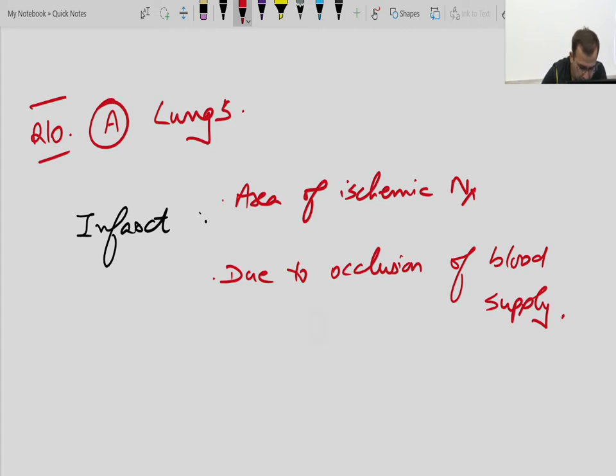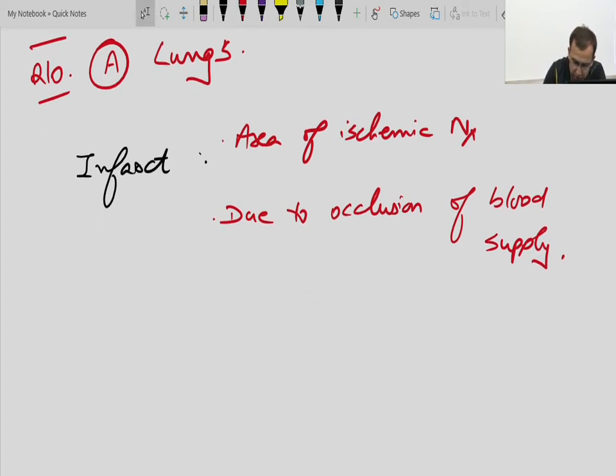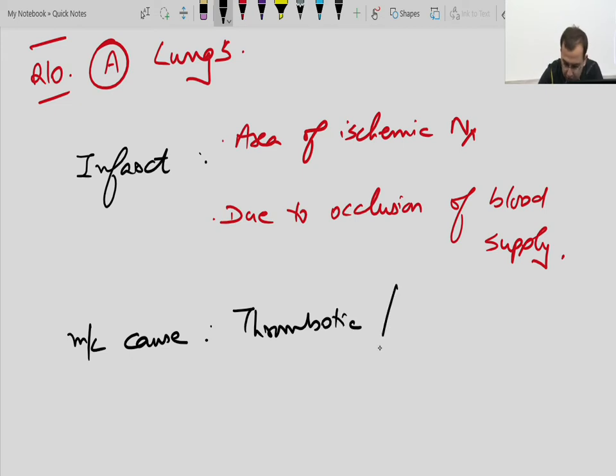Next point, most common cause. Why do infarcts occur? The most common cause is thrombotic or embolic events.